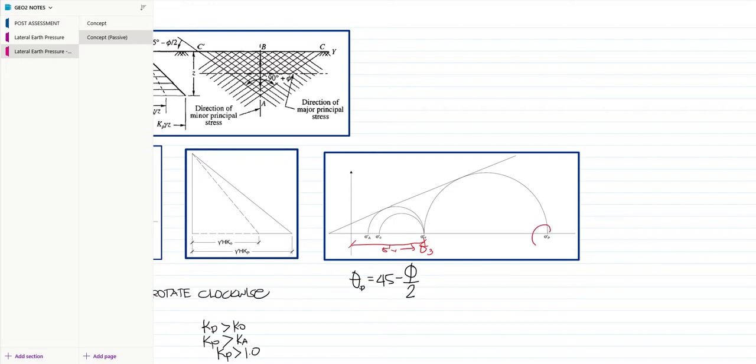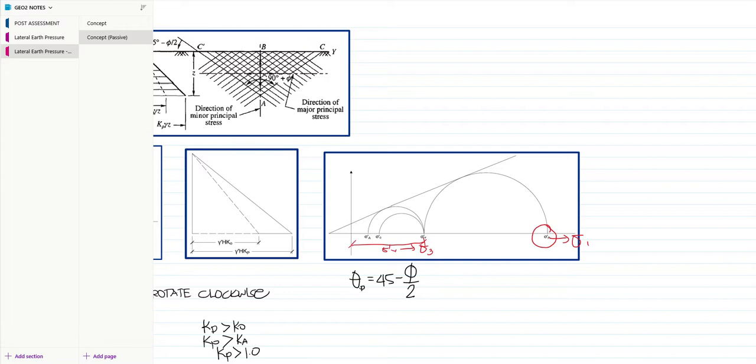While yung sigma prime P natin or yung mismong passive earth pressure is nagko-correspond sa maximum principal stress. So, hindi kagaya dun sa dalawang nauna, ang minor natin is yung active at saka yung at rest. Ang major natin is yung vertical stress.